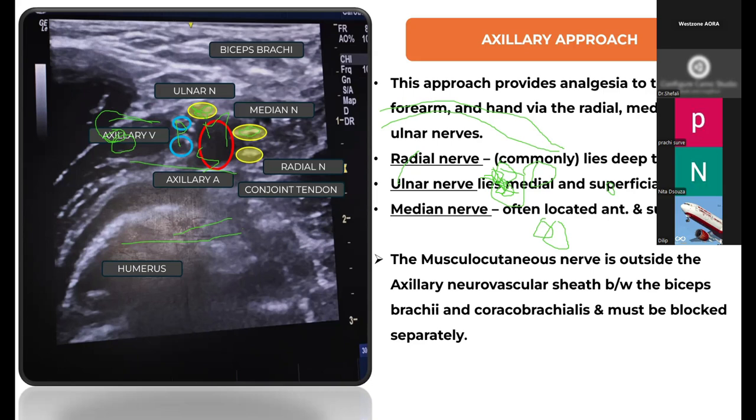So having an EMG or some pre-op documentation of any deformity due to the injury before giving any nerve block is, I think, an important part.